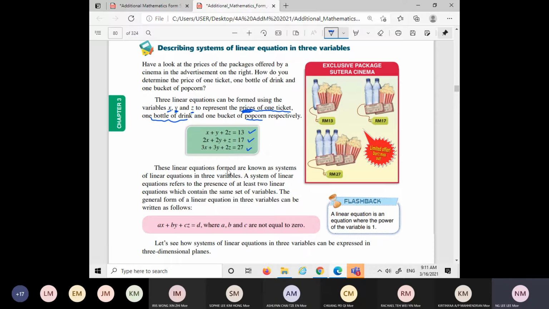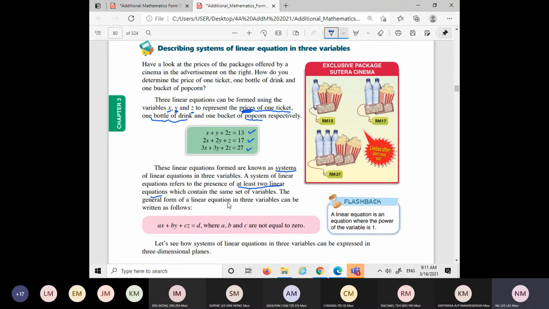This linear equation form is known as a system, a system of linear equations in 3 variables. A system of linear equations refers to the presence of at least 2 linear equations which contain the same set of variables.